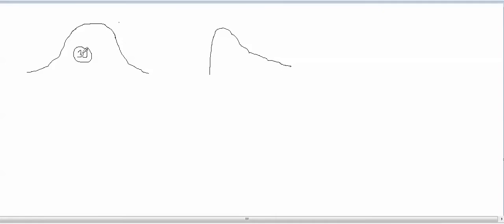So we get the average of this group of 30 people. That's one average.